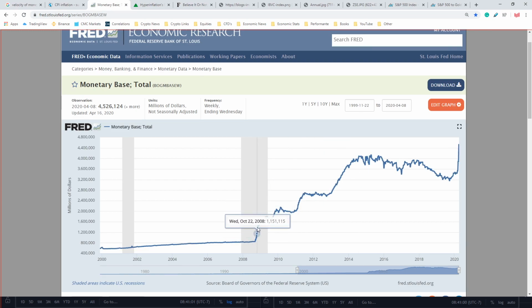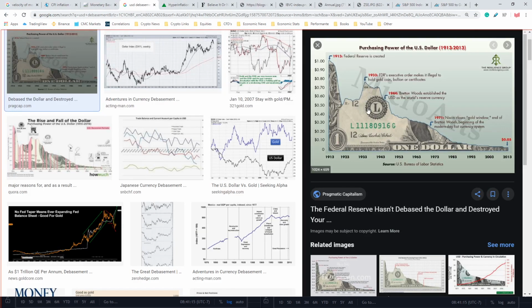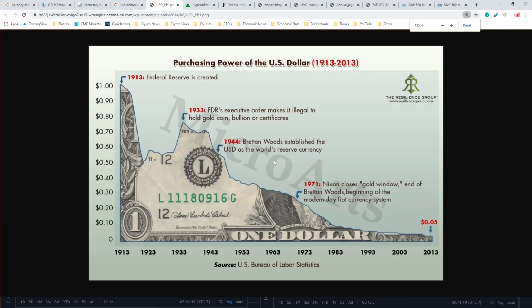And since the initiation of the Fed, I'm sure you've seen the chart of the debasement of the US dollar. I'll just quickly look at the picture here that will show it very clearly. This will show you how quickly we're debasing the US dollar, right?